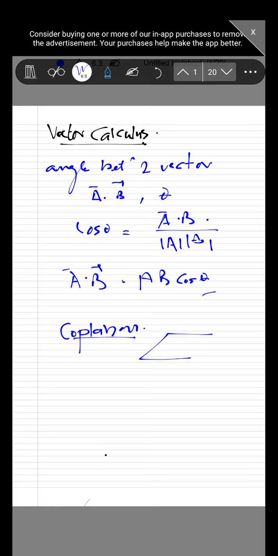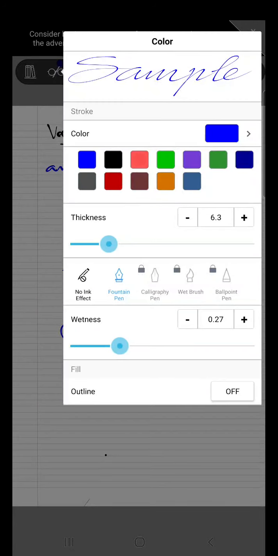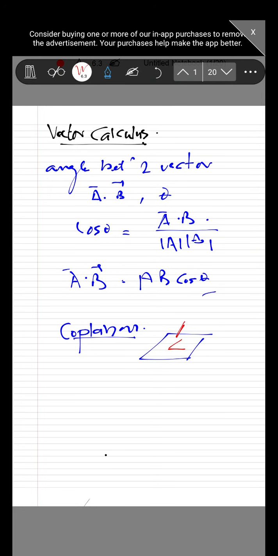That means if this is a plane, and there are vectors A and B, then A cross B is equal to 0, because A cross B is actually equal to a vector C which is perpendicular to A and B. So there are no such vectors, so in that case it is equal to 0.